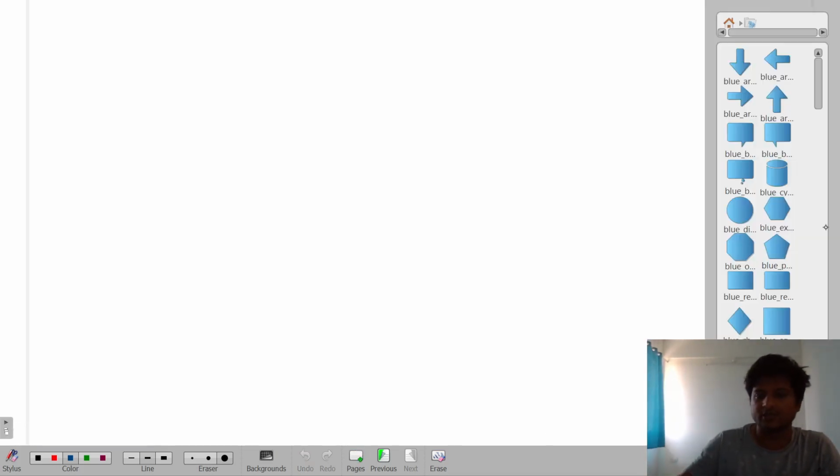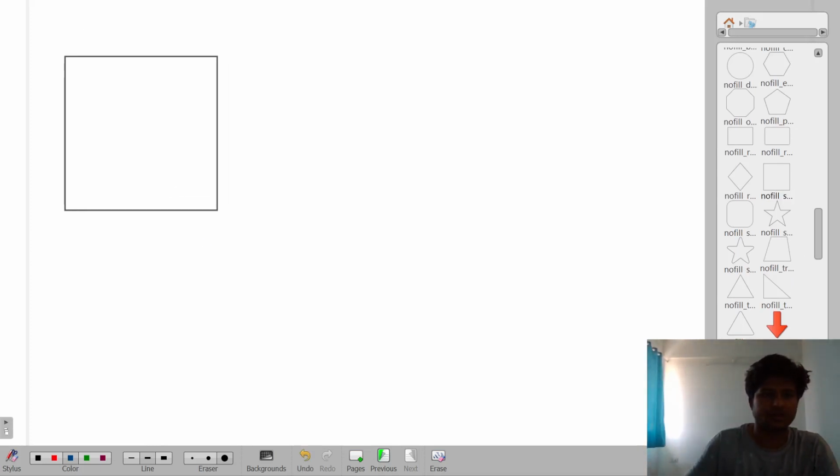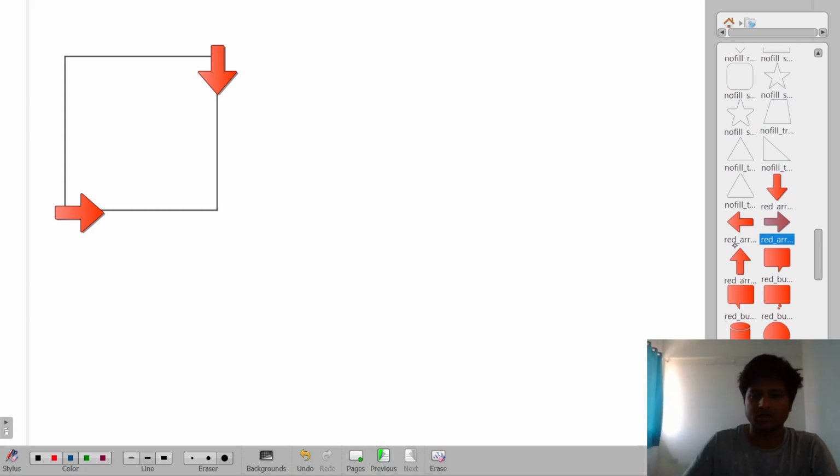So the question says, let's suppose I have a square, and I placed four dipoles. One minute, sorry. Then I have one down, like this configuration.